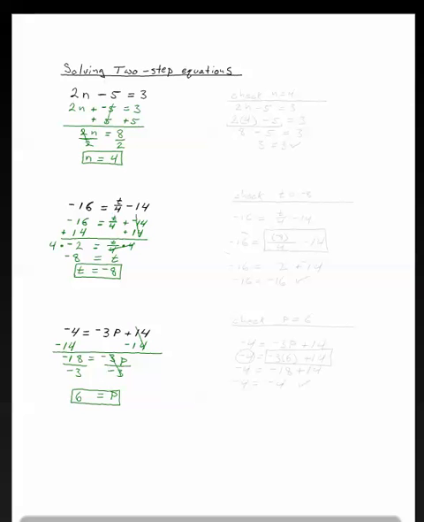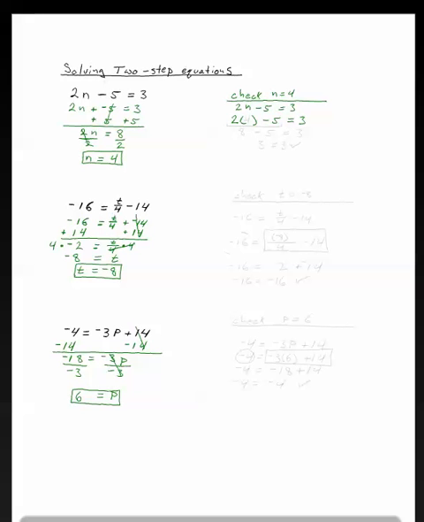Now, anytime we're done with a problem set, I would strongly suggest checking. So let's go back to the top and let's check. In the first equation, we said that n should equal 4. So if I take 2n minus 5 equals 3, to check, first I replace my variable with a set of empty parentheses.